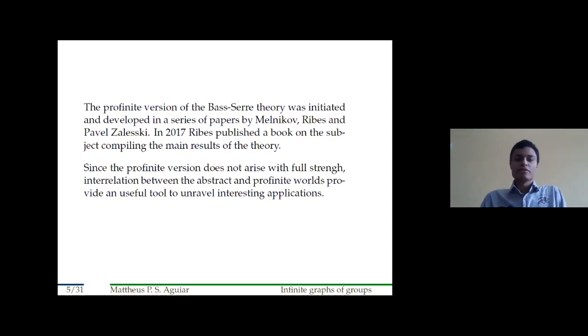And since the profinite version does not arise with full strength, the interrelation between the abstract and profinite worlds provides a useful tool to unravel interesting applications. So I will try to show some of these applications that I have developed with Professor Pavel Zalesky.